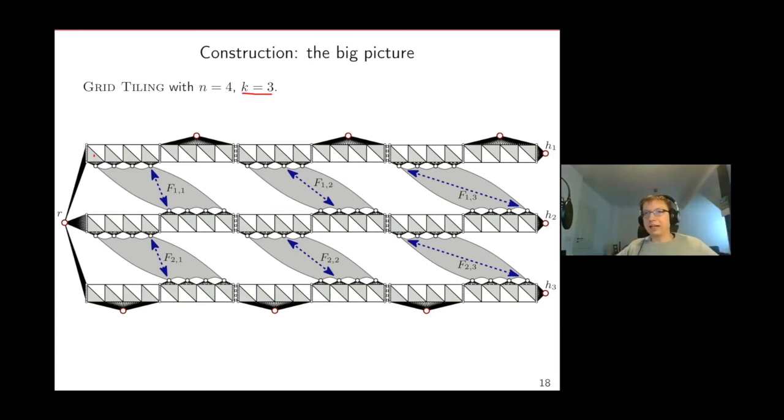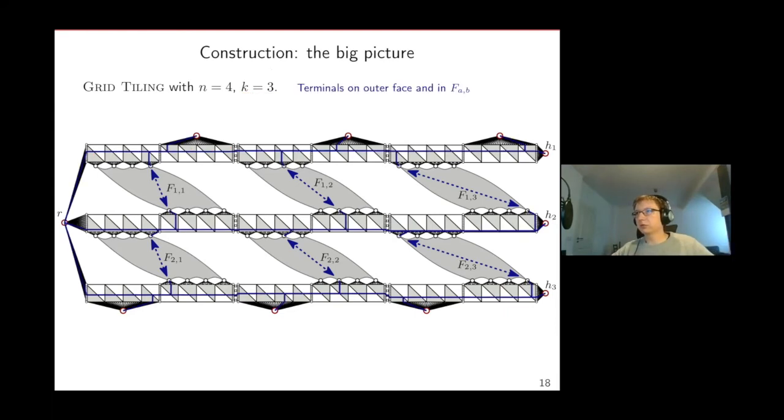So I will take n copies of the verification gadget next to each other, and then I will take the same thing but flipped 180 degrees, repeated here. And I also have some terminals here, so I will have some root vertex r, and it will be connected to these distant vertices h1, h2, h3 through these long horizontal lines. So let me show you how a solution would look.